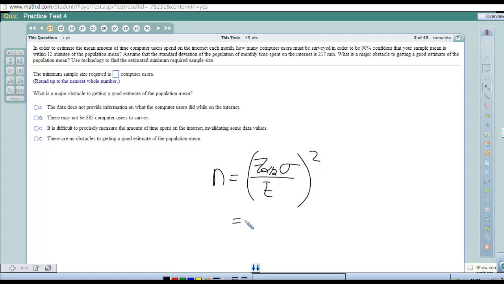Okay? So, if we're doing 90% confidence, we get what? 1.645. Okay, the standard deviation they told us was 217. Is that right? Yep. And then the margin of error is 12. Okay, so do that on your calculator. Square it.